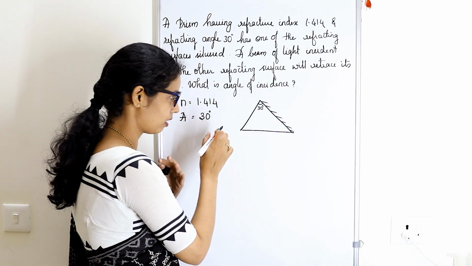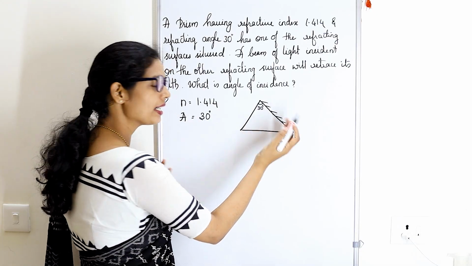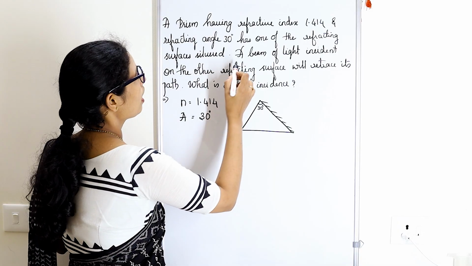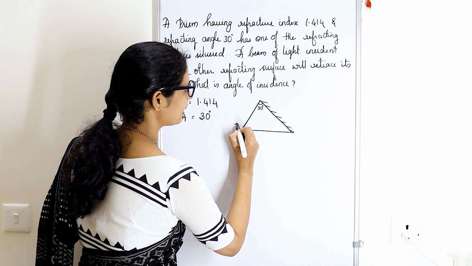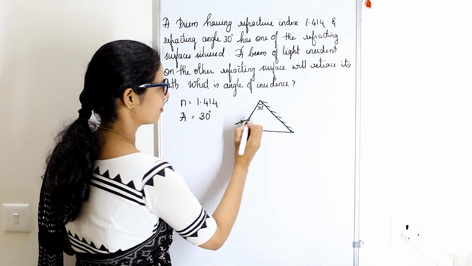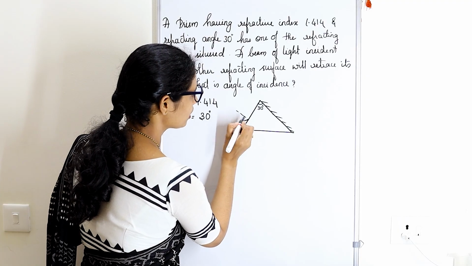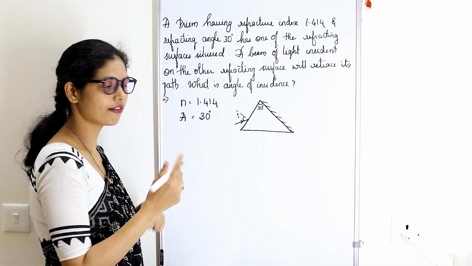If the ray is incident on this particular surface, it will reflect back. There will not be any refraction. A beam of light is incident on the other refracting surface. Let's say here is the beam of light which is incident on this refracting surface, and let's say this is the normal. Here will be the angle of incidence which you need to find out.